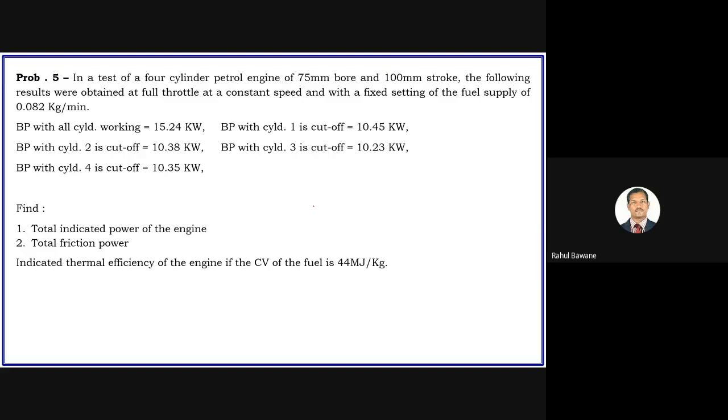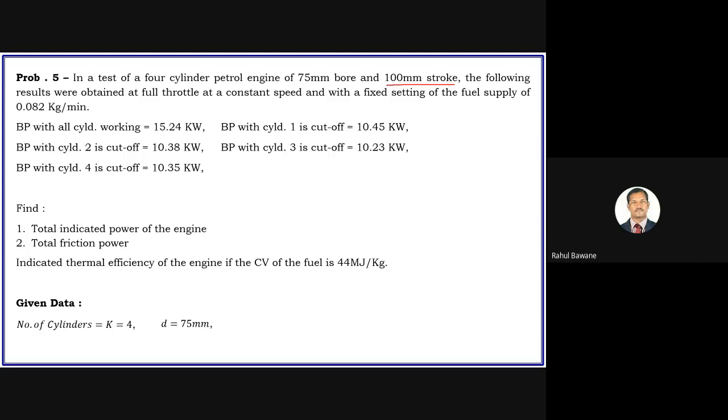Now the second last question is based on a Morse test. So let's see. In a test of a 4-cylinder petrol engine, so the number of cylinders is 4, with 75 bore diameter and 100 stroke length.